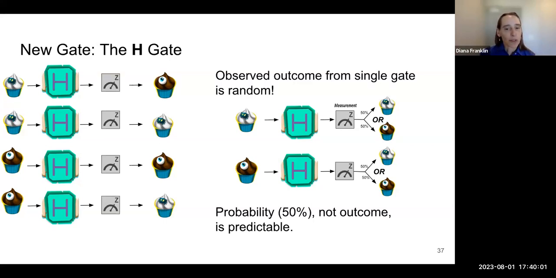But I do know that if I did this 1,000,000 times, chances are I would have roughly 500,000 chocolate cupcakes and roughly 500,000 vanilla cupcakes. Not exactly, but somewhere around there.